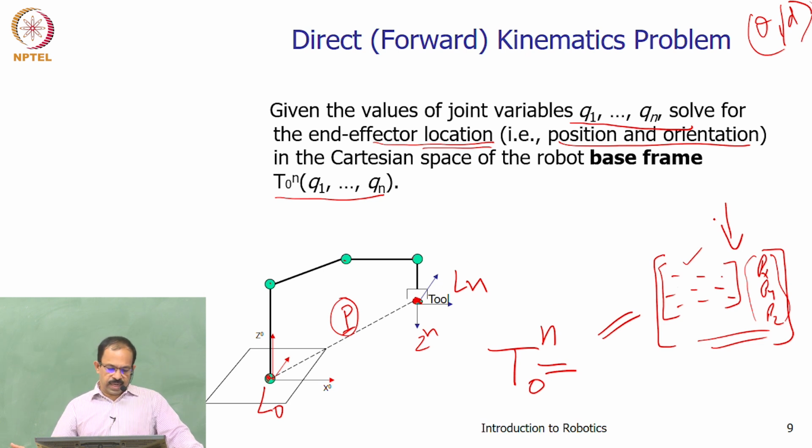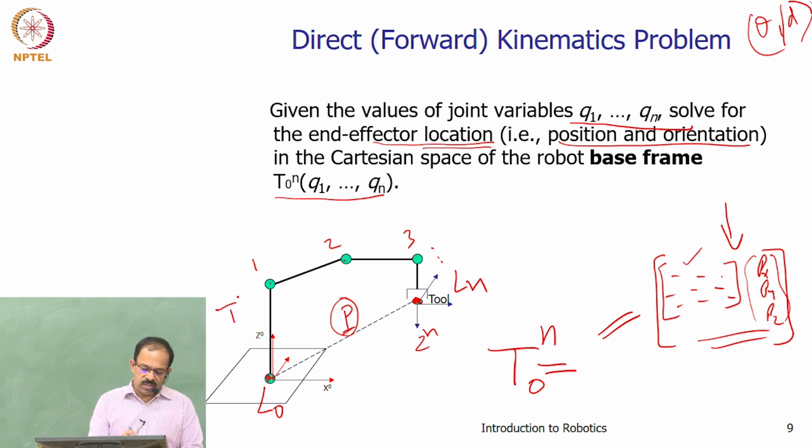Now, the only catch is that in between you have many points and there are many variables. So we need to find out how we can calculate n to 0 by using the individual transformations. Now we have 1, 2, 3, etc. to n. We want to get Tn0, and we can easily find out what is T10, what is T21, what is T32 from the individual transformations.